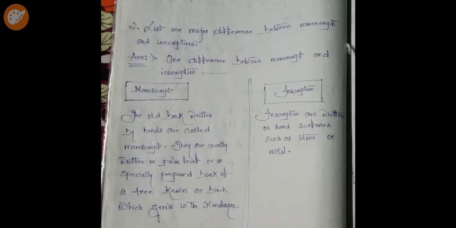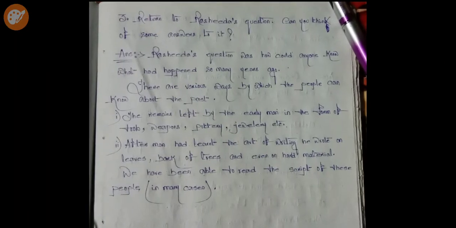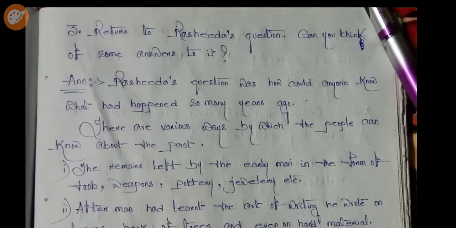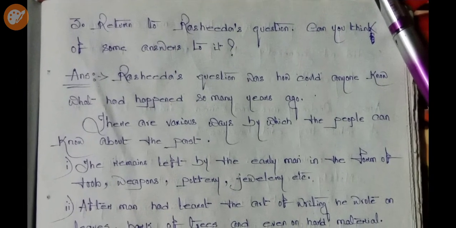Okay, so moving on to the third question. Return to Rashida's question. Can you think of some answers to it? So in the very beginning of the chapter, you will find a character Rashida. She is a character, and something is going on in her mind while reading the chapter.